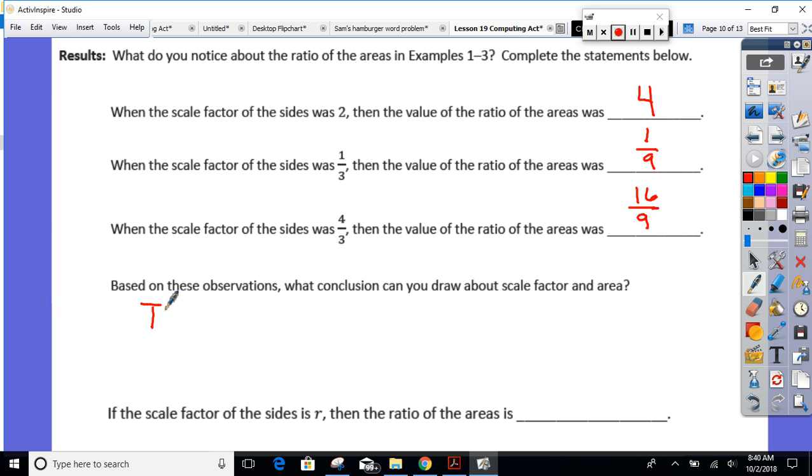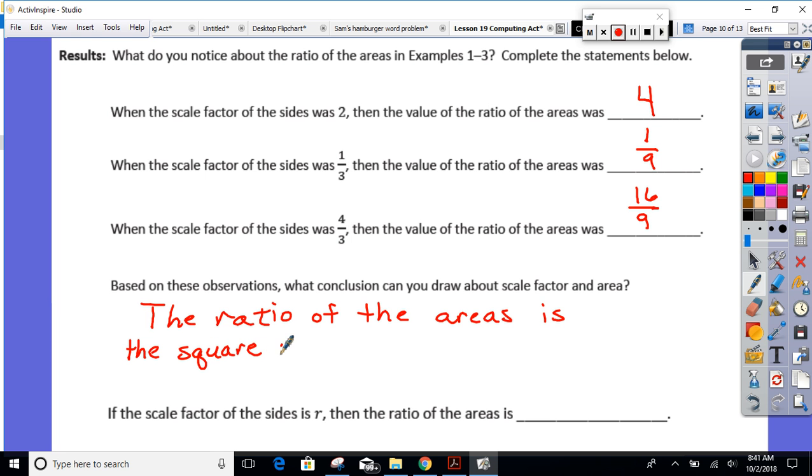So the ratio of the areas is the square of the scale factor.